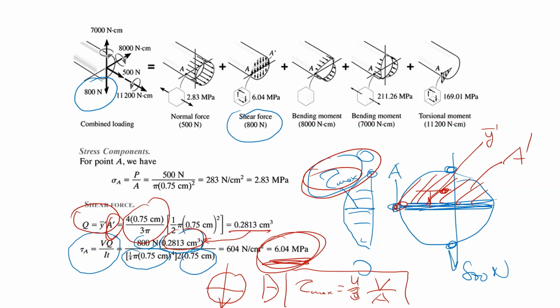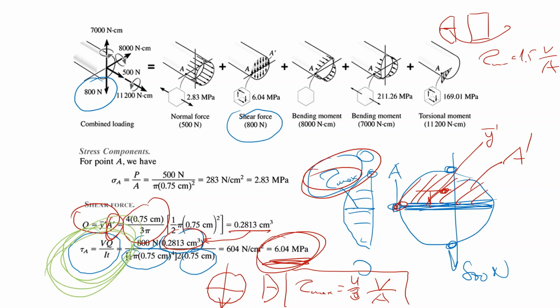You also remember that for a rectangular section, the distribution is similar, and this maximum value is tau max equals 1.5 V over A. So if you have a simple section, you prefer not to use the general formula, but instead use these simple relations.